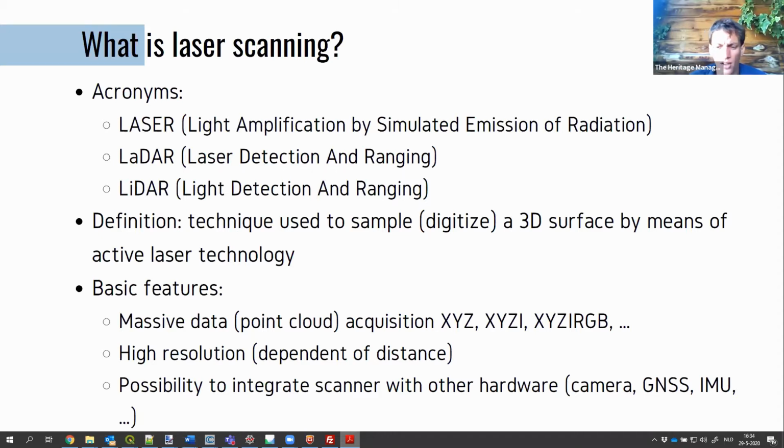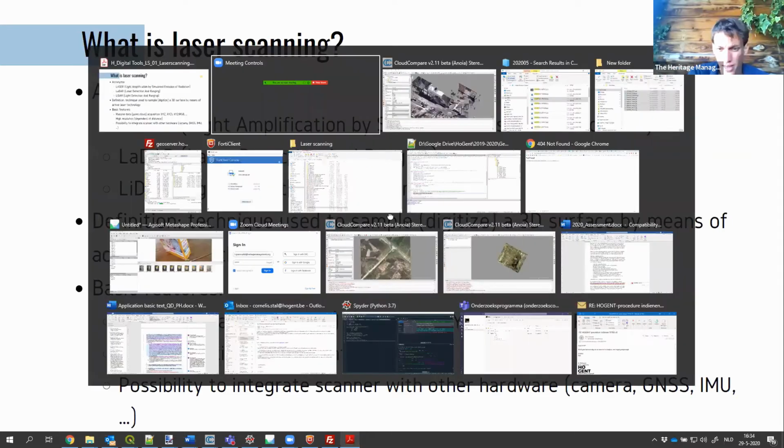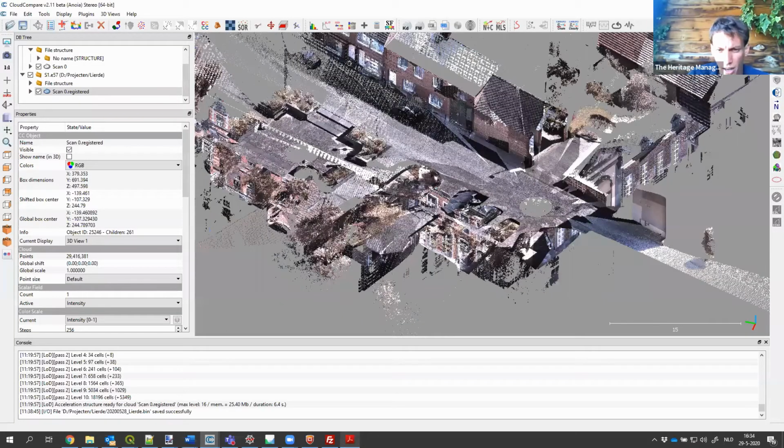And with the camera, you can obtain true color point clouds, like the one that I just showed you here. This is also acquired by a scanner, and the scanner includes an RGB camera. Merging the camera images and the geometry from the scanner results in a true color point cloud.